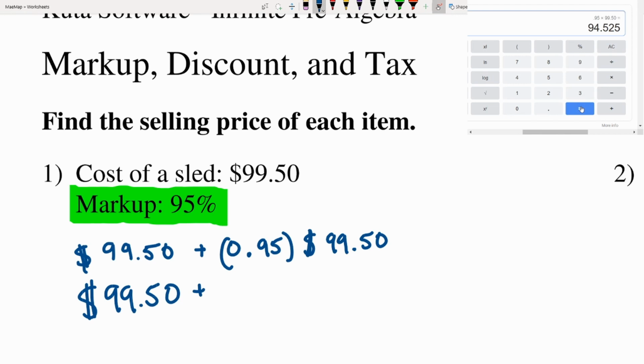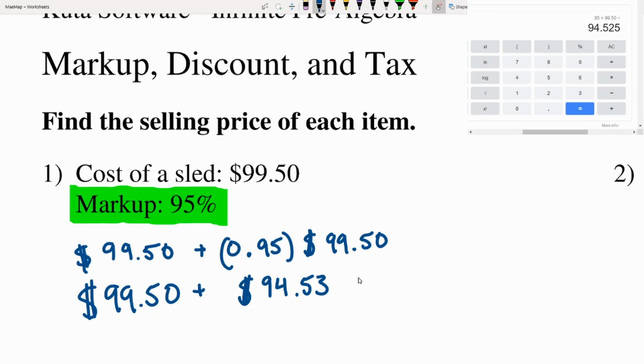You can see that will give us 94.525, which we round to the nearest hundredth. So I will write this as $94.53, which is 95% of our original price.